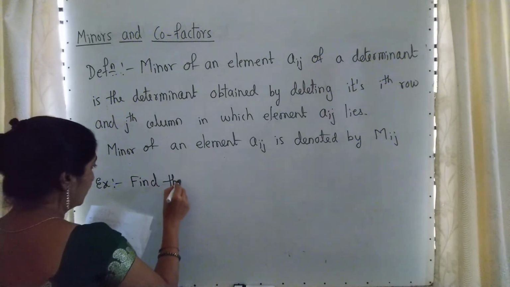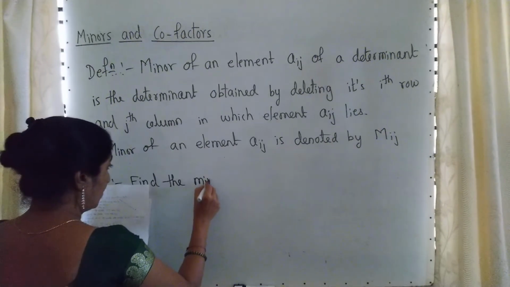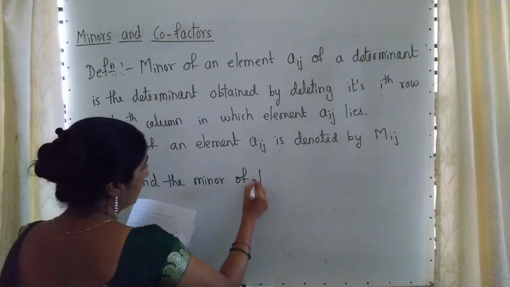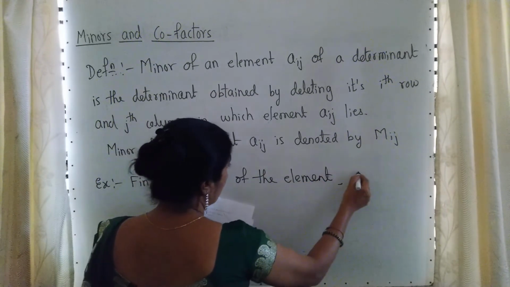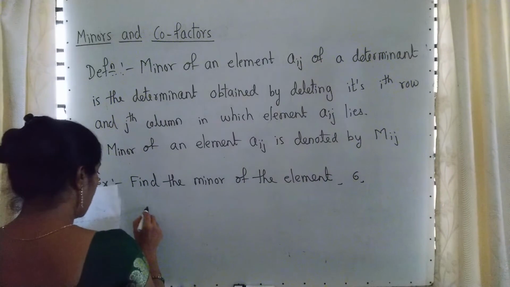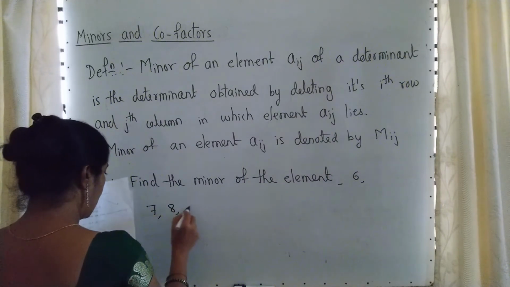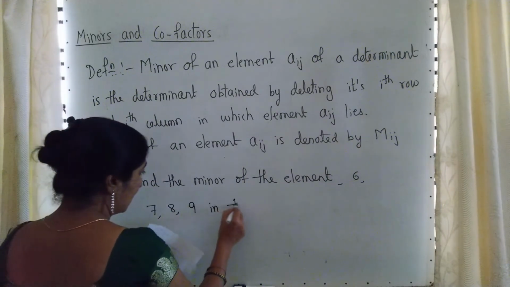Find the minor of the elements 6, 7, 8, 9 in the determinant.